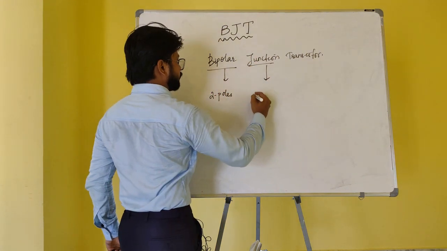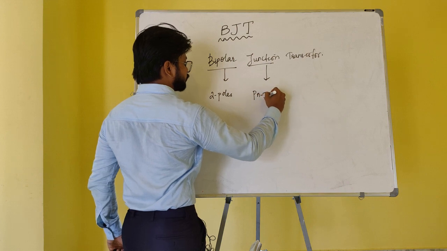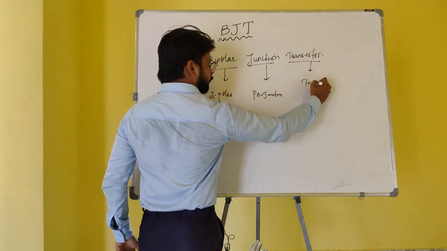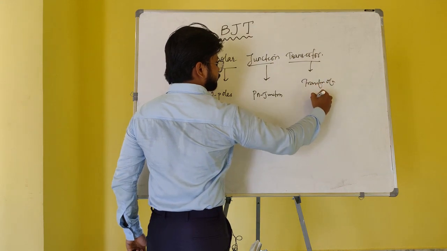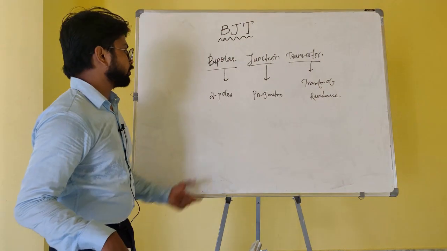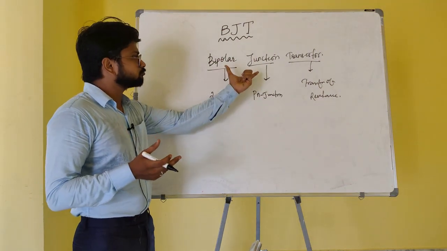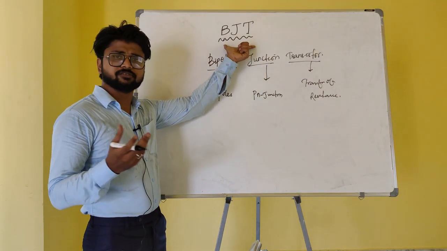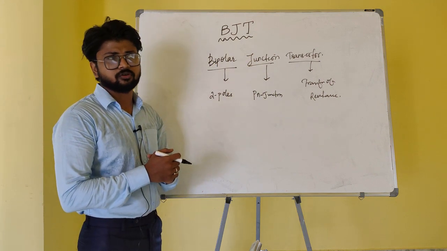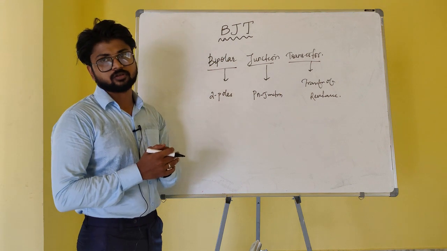Junction means there are p-n junctions involved, and transistor means transfer of resistance. A BJT is a device which has two p-n junctions and two poles.